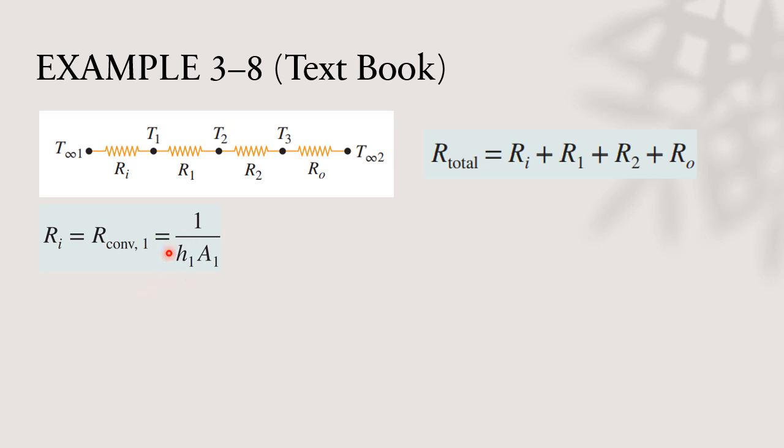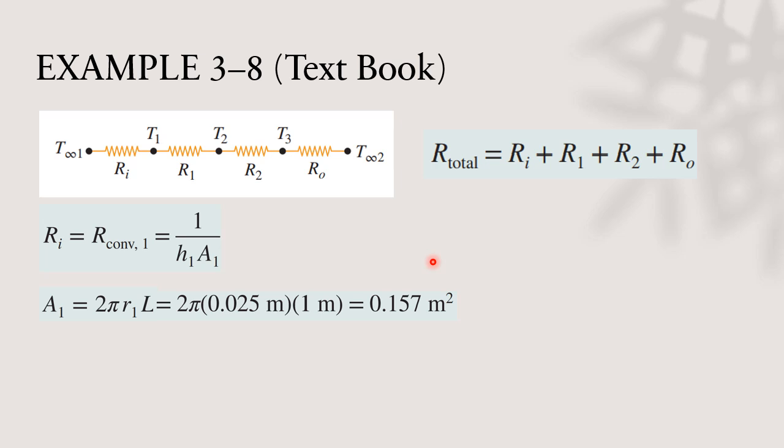h sub 1 is given in the question, but we don't know A sub 1. But we can calculate A sub 1 because we know the radius of the pipe. So A sub 1 equals pi R1 L. We just plug in all the information that we got from the question, and we get A sub 1 equals 0.157 meter squared.